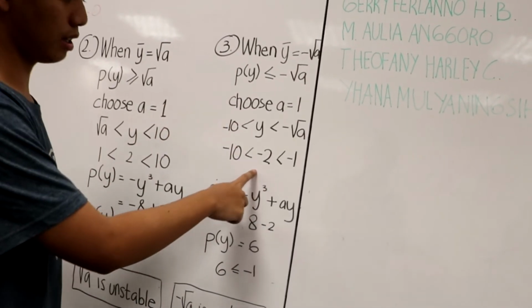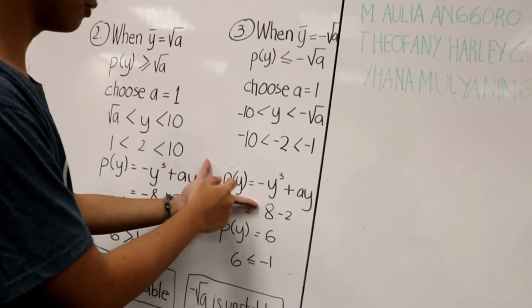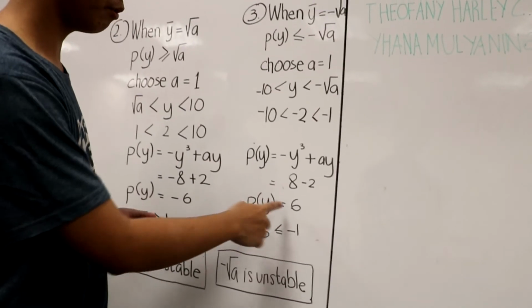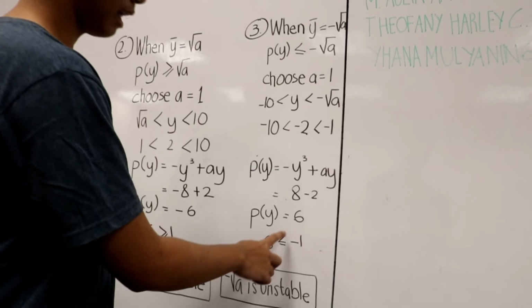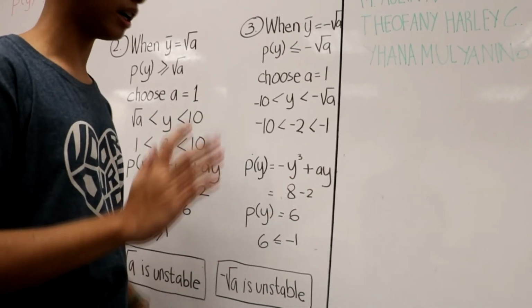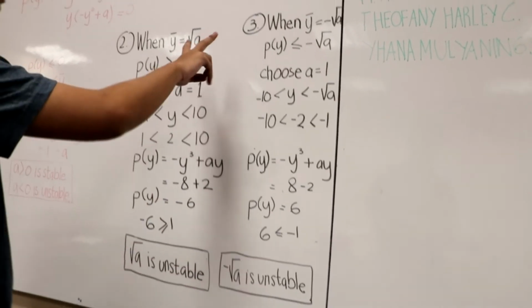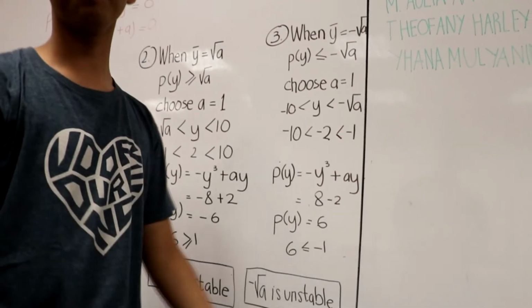We choose y as minus 2, and we put the minus 2 into phi, which becomes 6, and phi is less than minus 1. Is it not correct, right? So it is also applicable for those two, square root of a and minus square root of a, which is unstable.